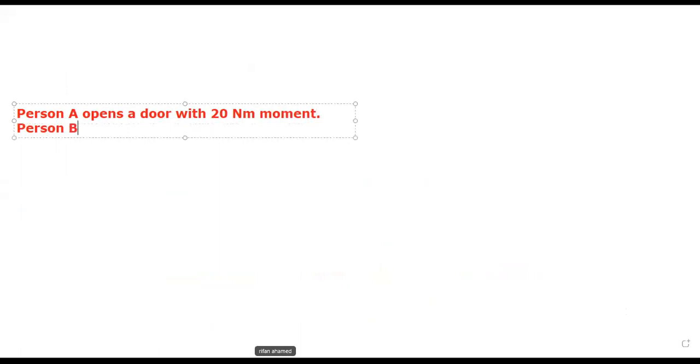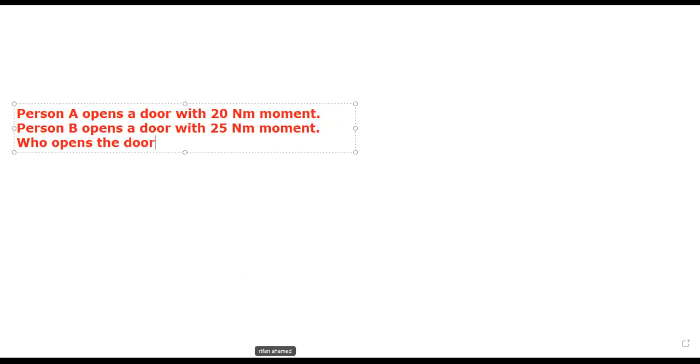Person B opens the door with 25 Newton meter moment. Who opens the door more? Person B. Very simple. If the moment is high, Person B.